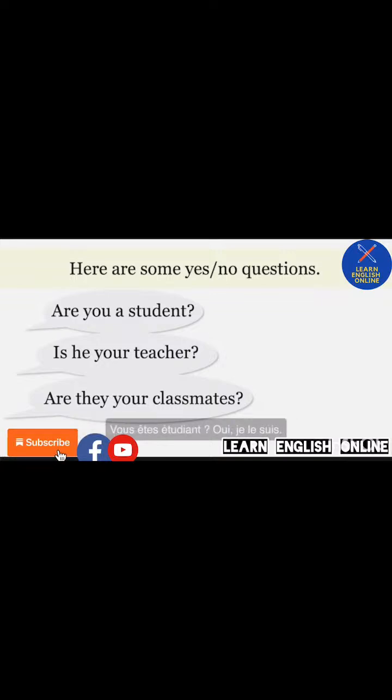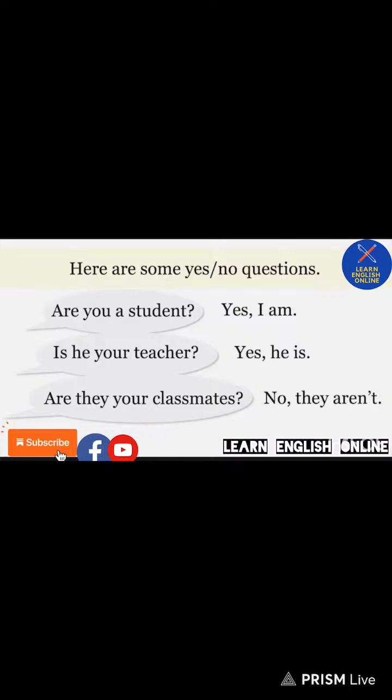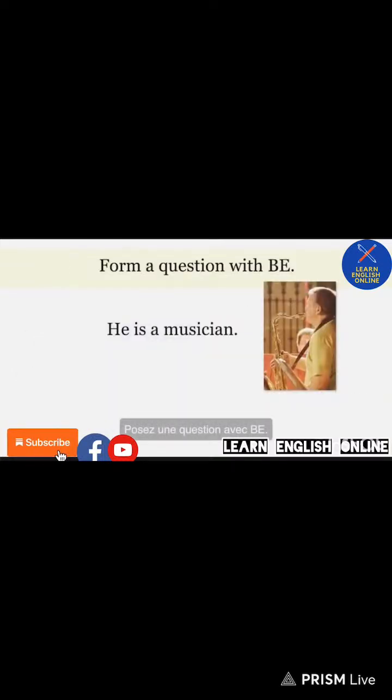Are you a student? Yes, I am. Is he your teacher? Yes, he is. Are they your classmates? No, they aren't. Form a question with be. You already know how to make a statement with be.